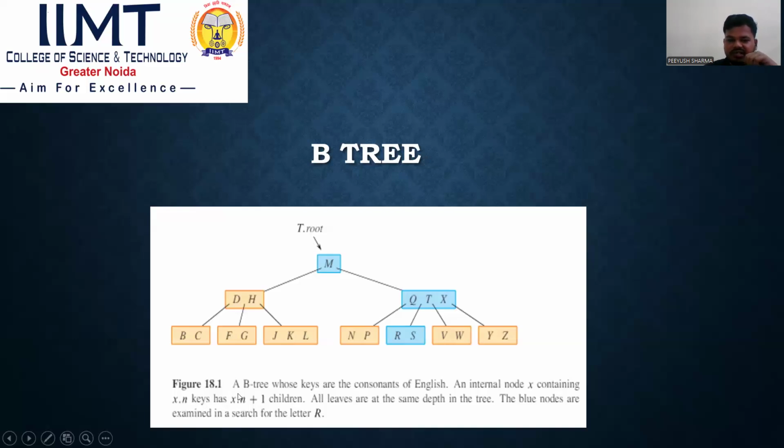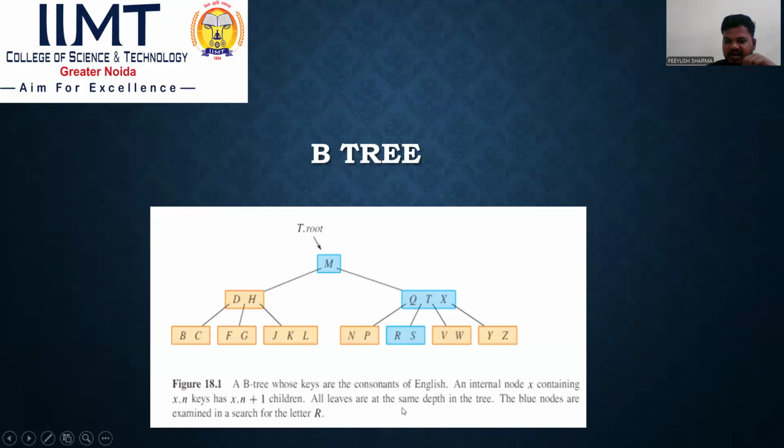So clearly we can see a B-tree with an internal node x containing x.n keys has x.n plus one children. That means if a B-tree contains an internal node x, then n is the number of keys and n plus 1 is the number of children.